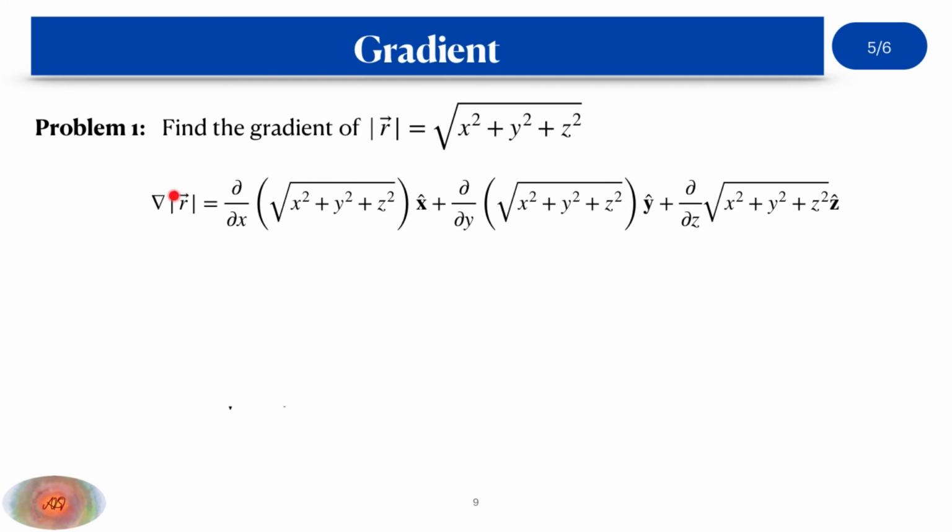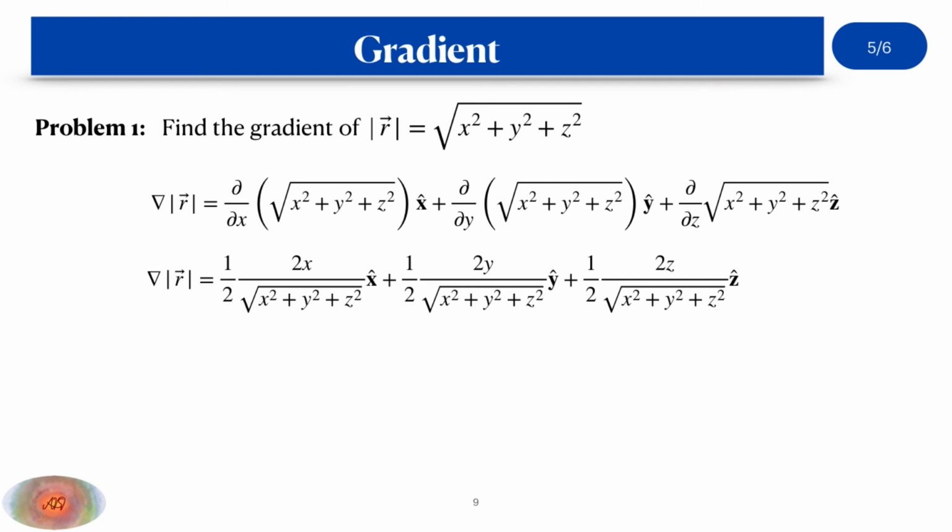Since the magnitude of the position vector r is represented by this one, it will appear in each and every direction. Now the rest is very simple. Just differentiate the function root over x square plus y square plus z square with respect to x, y and z. So you will end up with this expression.